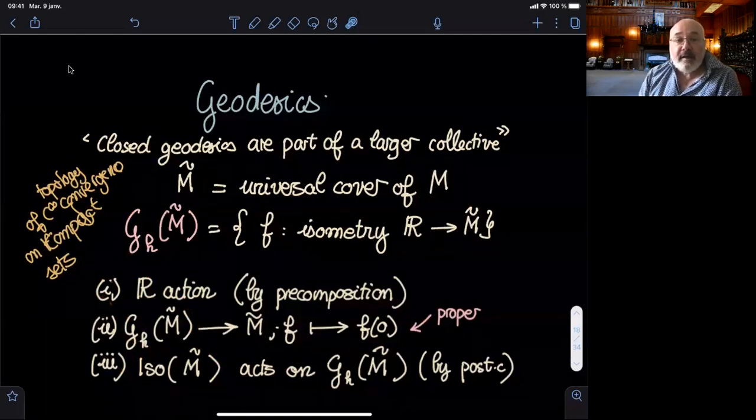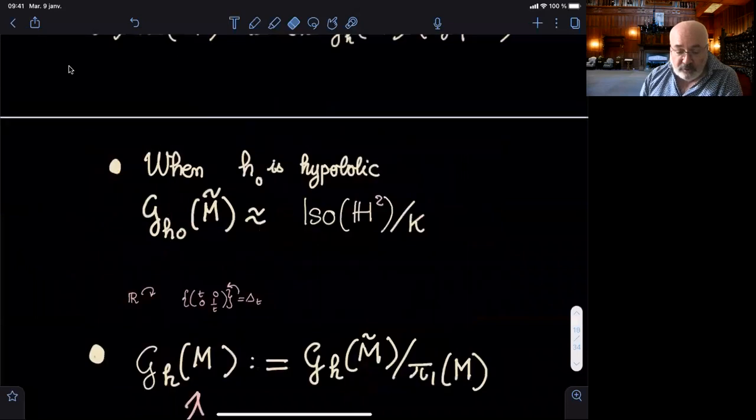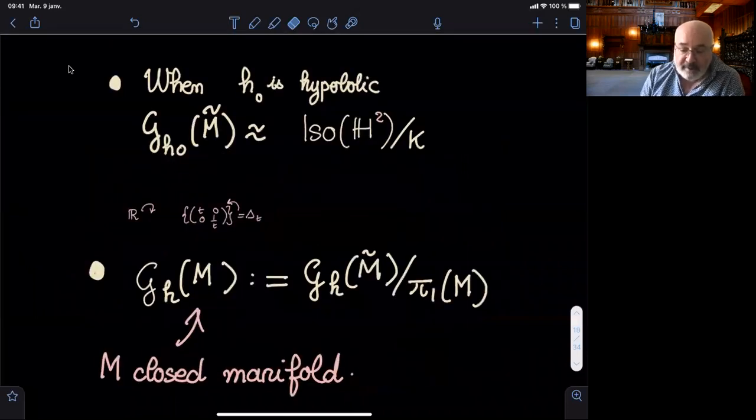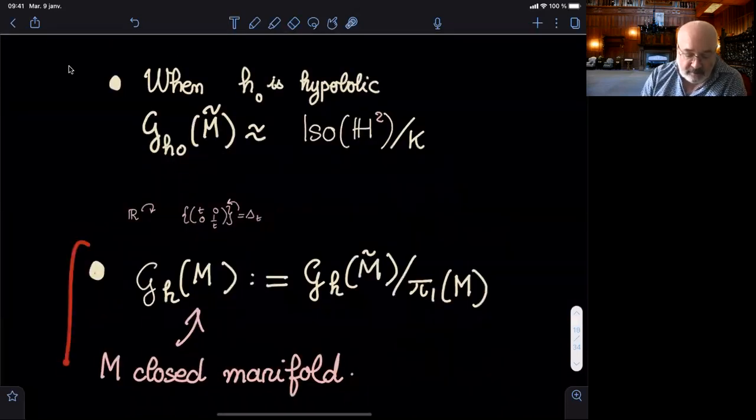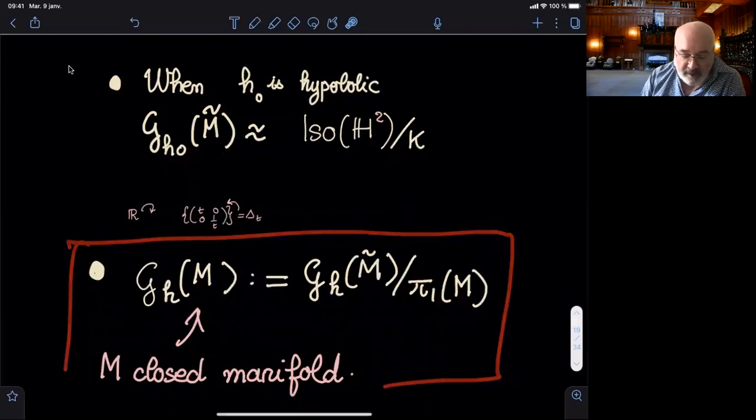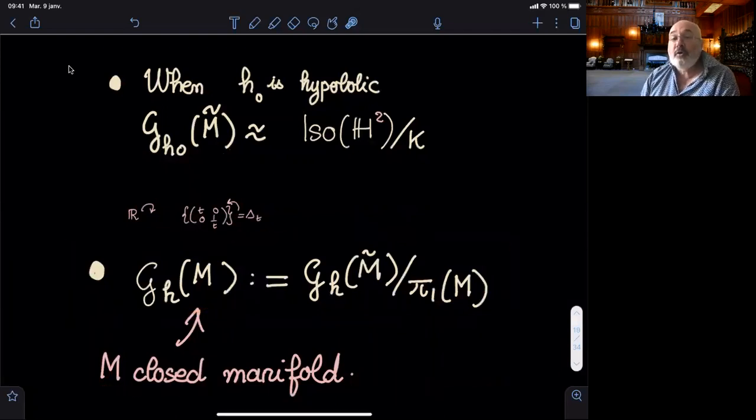Let's introduce another definition. When you take a closed manifold, it's better to define this space as the quotient of the space of geodesics of the universal cover by the fundamental group.